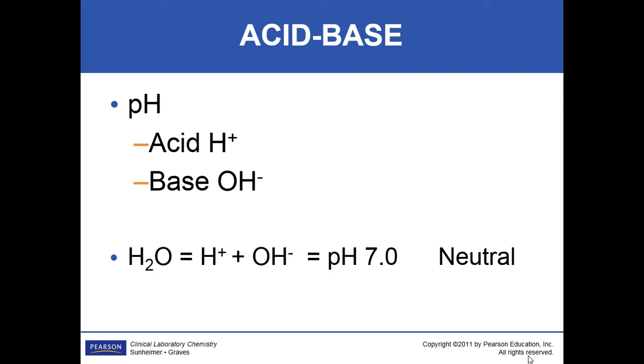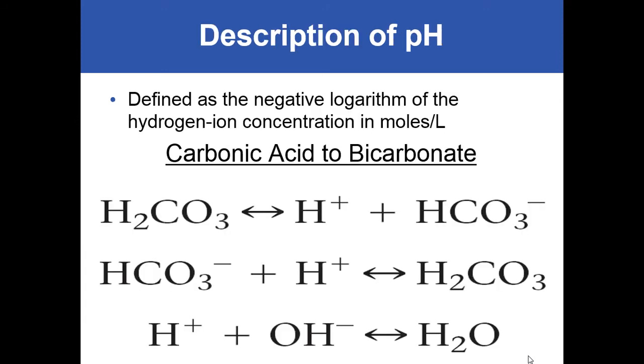The human body is not exactly a neutral pH. We have a buffering system. There are several buffering systems in the body, but the main buffering system that we're going to be getting into is carbonic acid to bicarbonate and how this affects the pH and those hydrogen ions, availability or lack of.